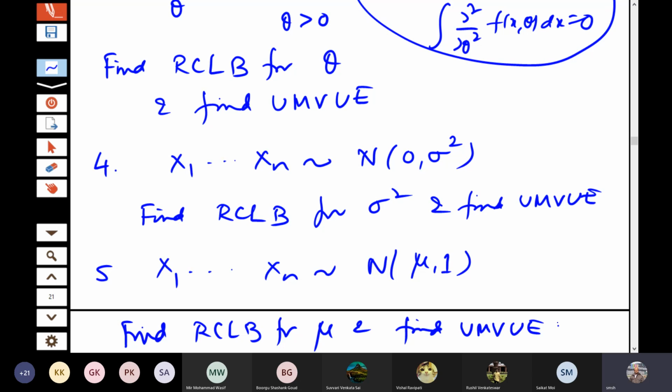So for the exponential distribution and the normal distribution, I have given two forms. In one form I am taking the variance term, in another form I am taking the mean term, because I have developed the RCLB for one parameter only. So I am not taking normal(μ, σ²).